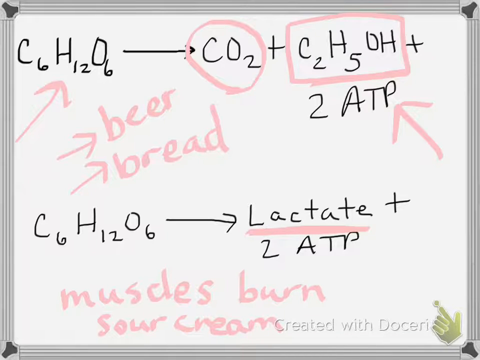We use bacteria that can do lactic acid fermentation. We add that bacteria into milk, cream, and it ferments and it makes sour cream. It ferments and it makes yogurt. What else do we make? Soy sauce. You can add it to soybeans and let the bacteria ferment the soybeans, and you get soy sauce. You can add it to cocoa beans and let the bacteria ferment. You get chocolate.